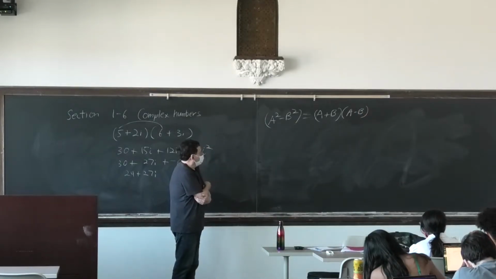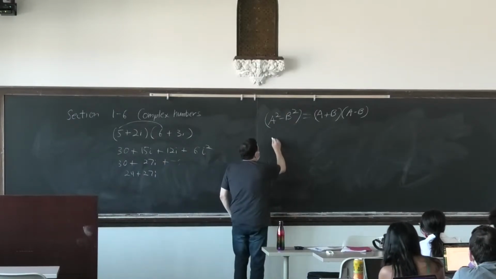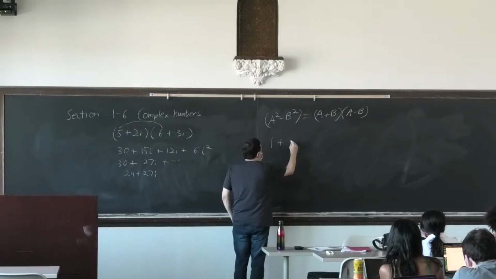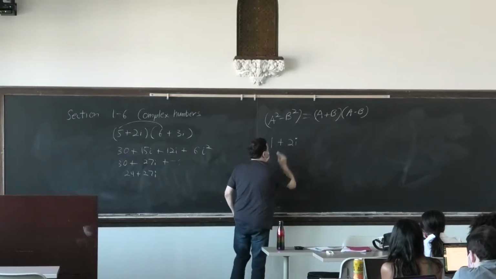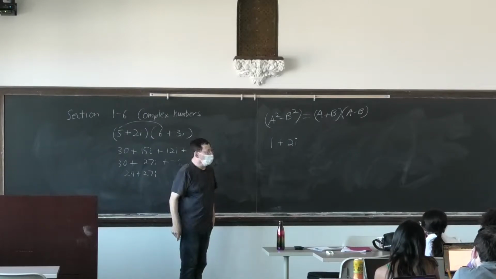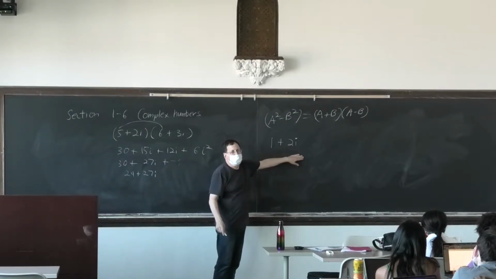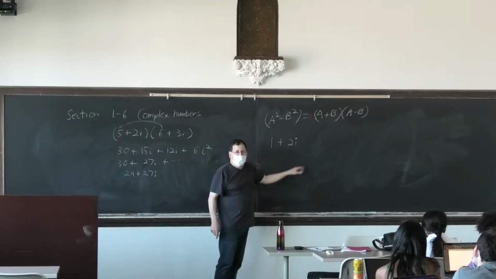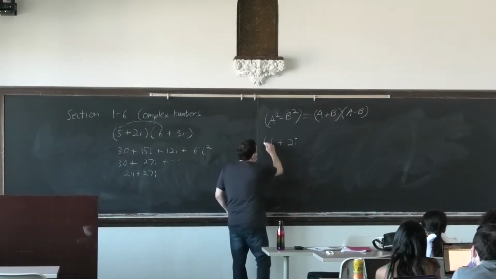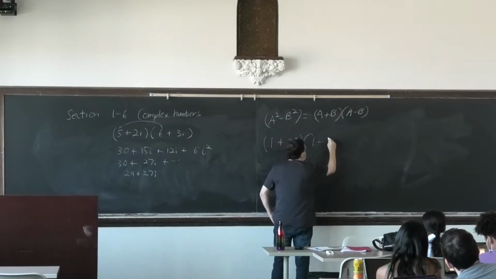What does this have to do with what's going on here? Let's say I have something like 1 plus 2i, a complex number. I want to find a way to convert this to just a real number. Well, I multiply it by 1 minus 2i.